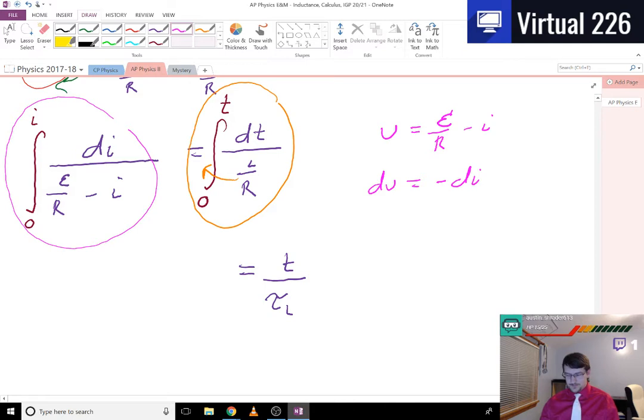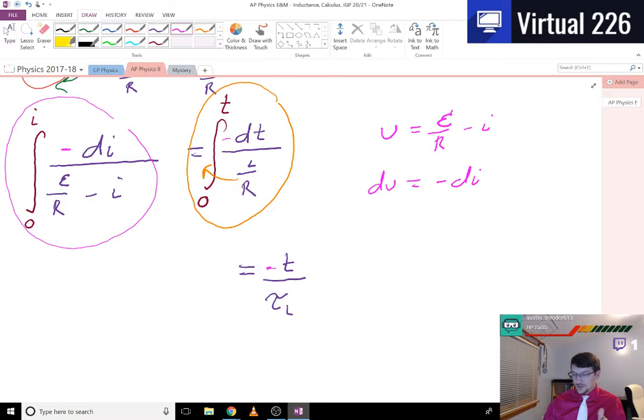And I don't have a negative di here. I have a positive one. So one of the things you could do is put the negative here, and then if I put the negative on this side, that means I have a negative over here, which means that this negative carries through. That's one way to do that.